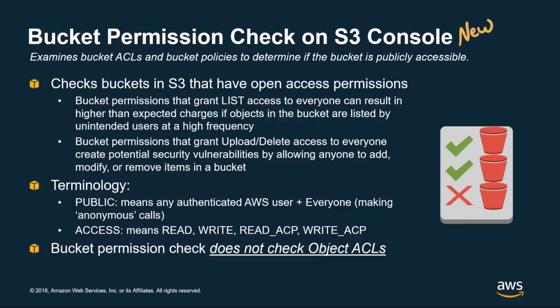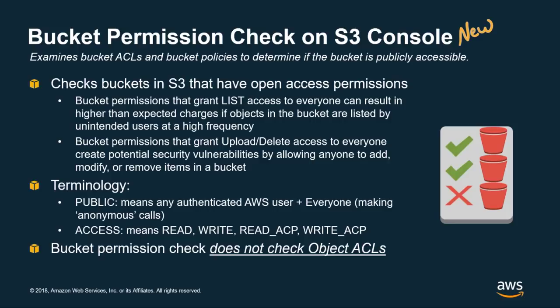Another key check, as I'd mentioned, is bucket permissioning checks in the S3 console. Essentially what this does is it uses a service to examine bucket ACLs and bucket policies. Since I'd mentioned this as kind of combinatorial math, to take the union of all of these, this has the intelligence to look at all those permutations and combinations and examine the union of bucket ACLs and bucket policies to determine if these buckets are publicly accessible.